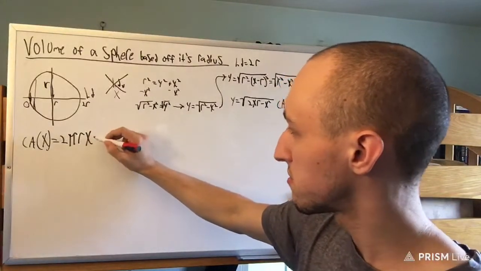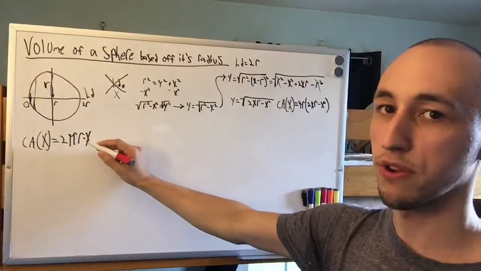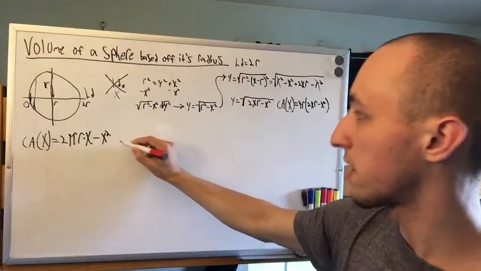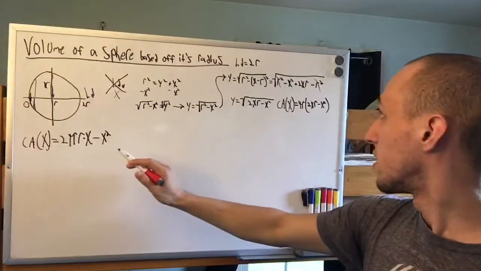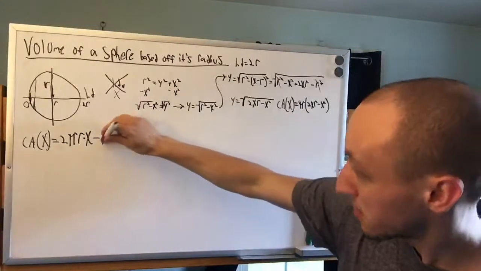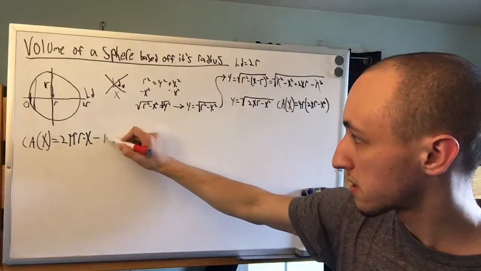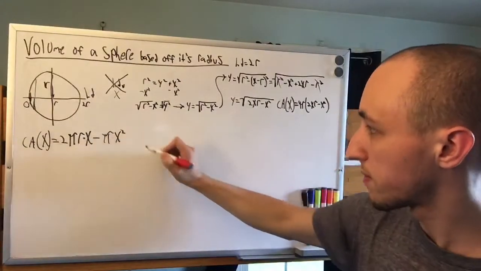I'm gonna write a little dot between the r and the x. That way you know they're not together. Minus pi x squared. Excellent.